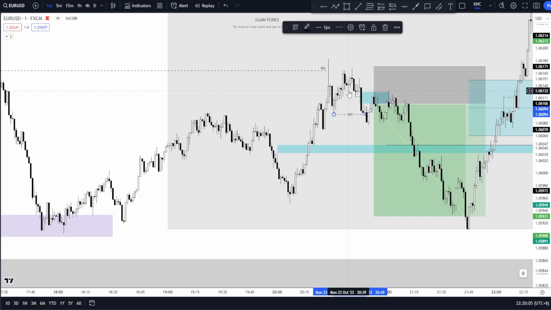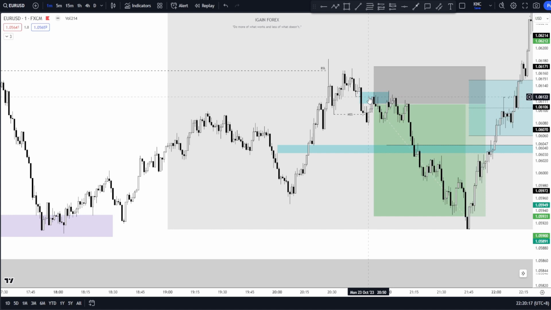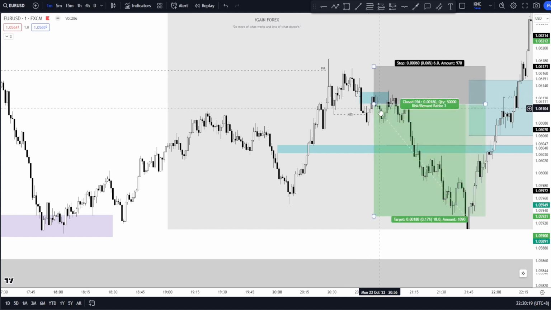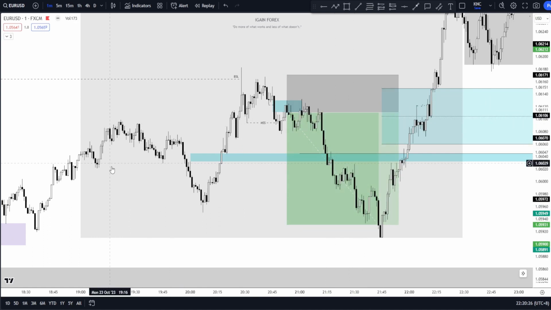Actually, we can enter at this area above for a sniper entry, but I was late, so I took this entry at this FVG formed here. Then also targeted a 1:3 risk reward ratio. So that's 1 win in London and 1 win in New York session for Monday.